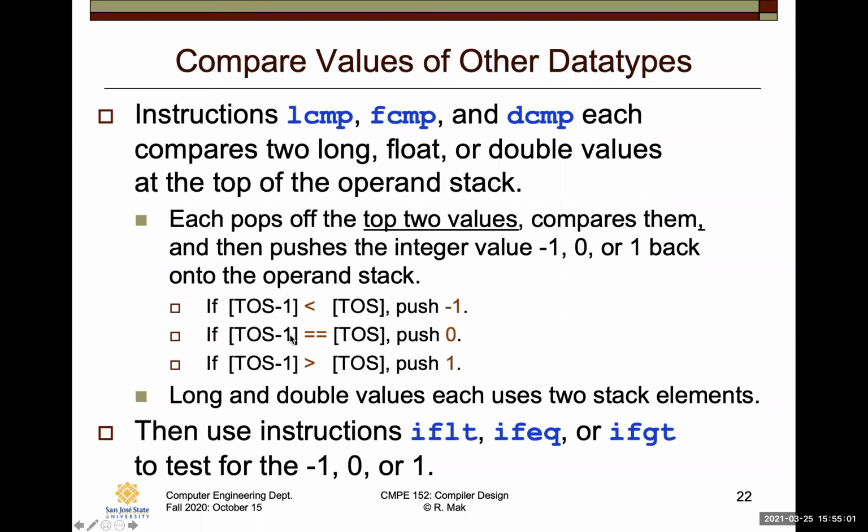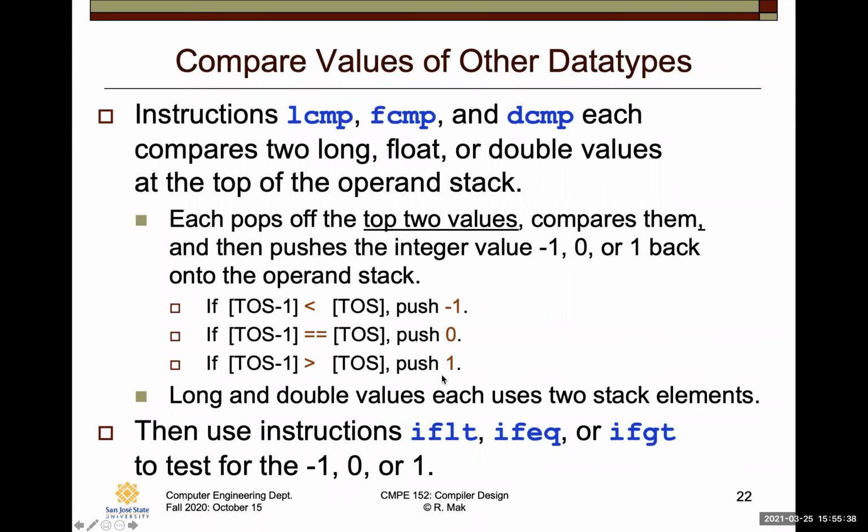If the top 2 values are equal, then it pushes a 0 back onto the operand stack. If it's less than, it pushes a -1, and if it's greater than, it pushes a 1. So there's no branching. All it's doing is comparing the top 2 values and pushing either -1, 0, or 1 onto the operand stack.